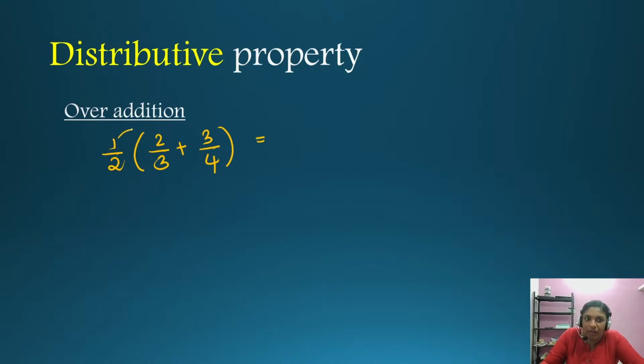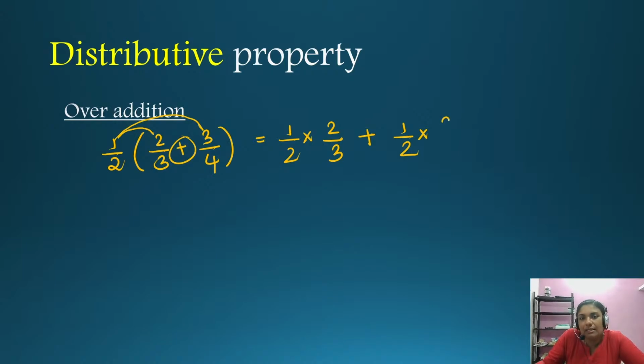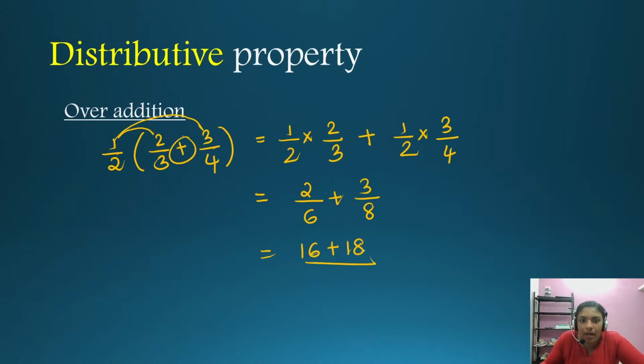So let's see the first one. 1 by 2 into 2 by 3. Now this operation plus, now this 1 by 2 can be distributed to 3 by 4. So 1 by 2 times 3 by 4. Now 2 by 6 plus 3 by 8. How will you do this? 2 into 8, 16 plus 3 6 are 18 by 6 8s are 48.